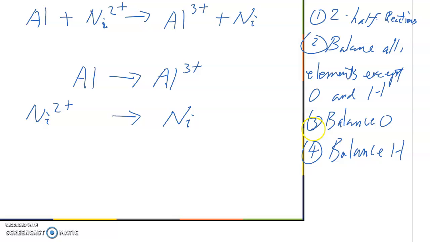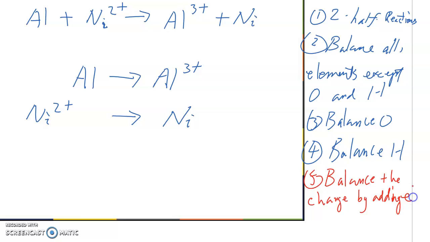The next step is to balance the charge by adding electrons. I'm going to change the color here. So step number 5 is to balance the charge by adding electrons.